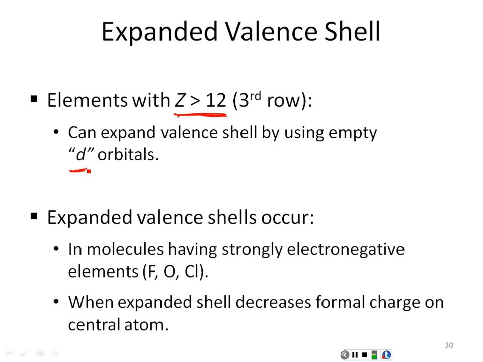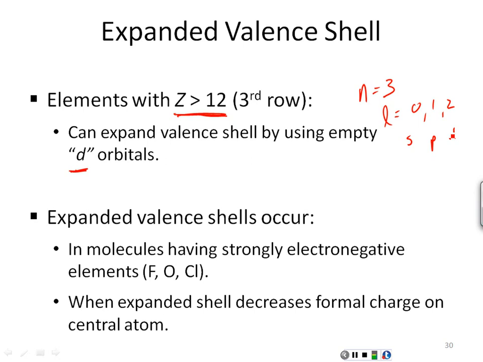Now, if you remember quantum numbers, when n equals 3, L can be 0, 1, or 2. So it can have s, p, or d orbitals. And we don't have enough electrons at that point in the periodic table. There is no transition metal in that row, but theoretically, those elements can have d orbitals.